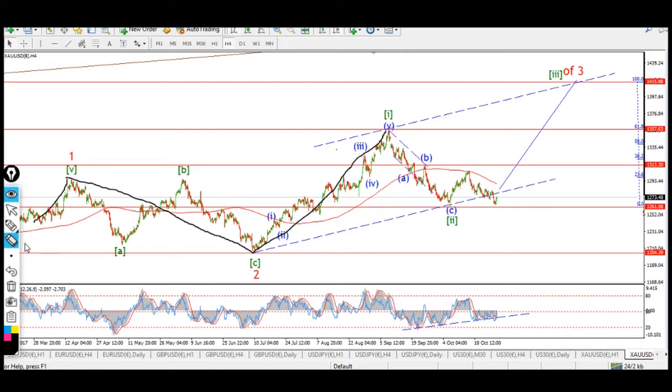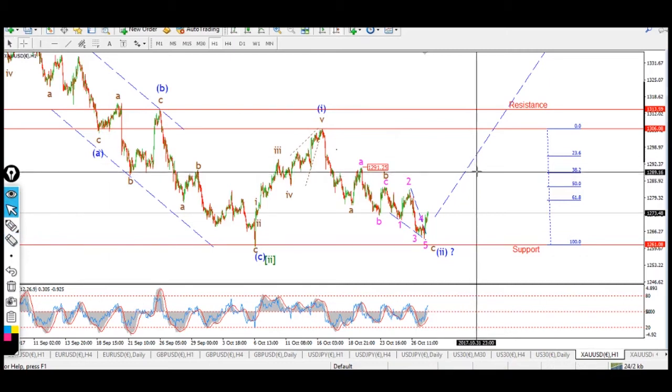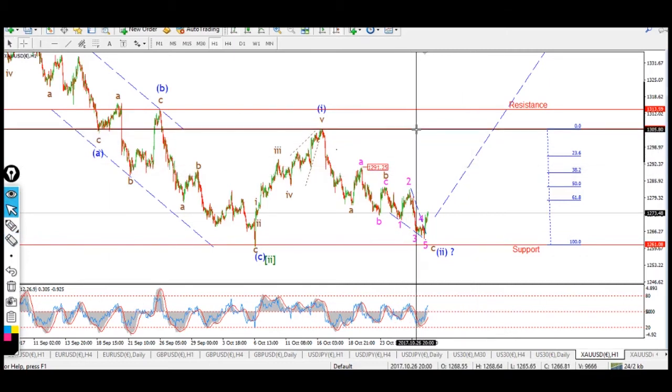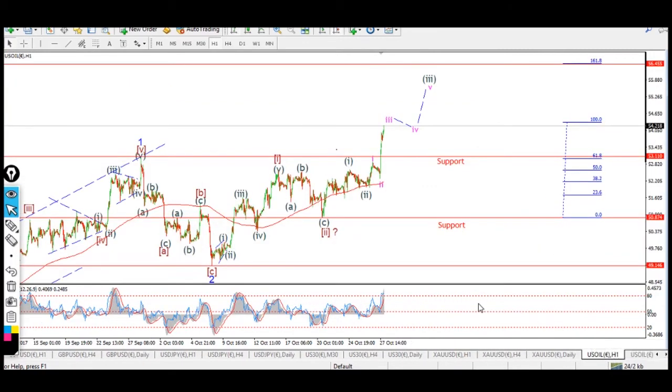So the wave pattern is pointing up. We have some confirmation points on the short-term charts. Early next week, that's where I want to focus my attention, on these 2 confirmation points at both 1291 and 1306.